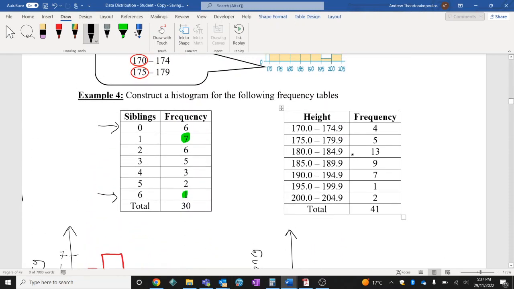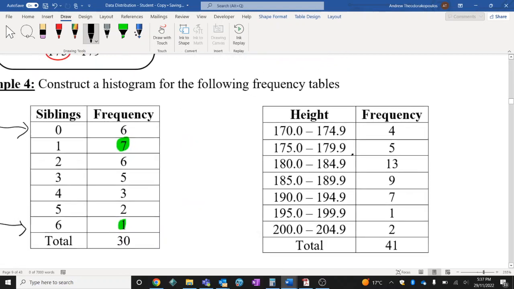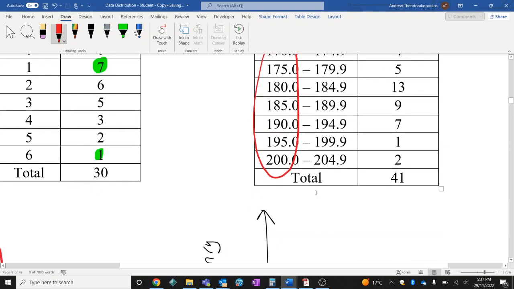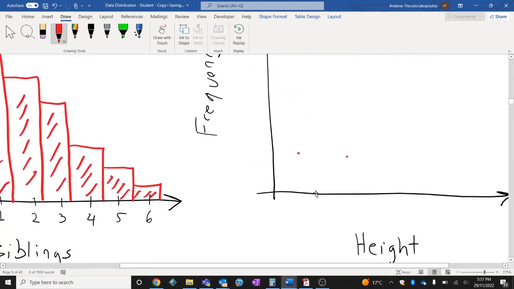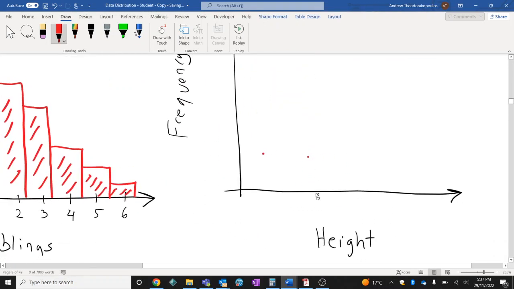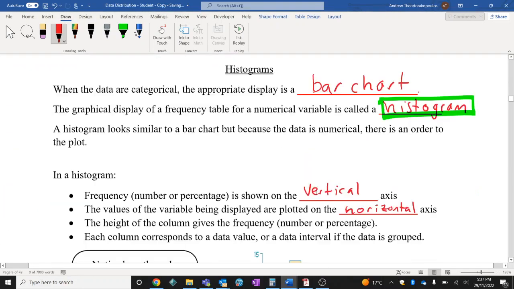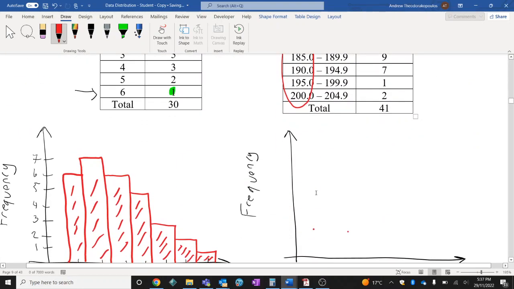Now, the little trick here when you have intervals is to only put the numbers on the left. These are the only numbers that should go down at the bottom on your horizontal axis, just here where it says height. So my first of those numbers is 170.